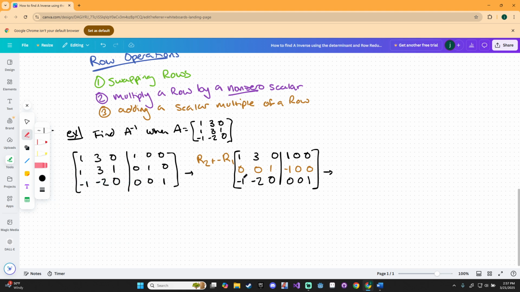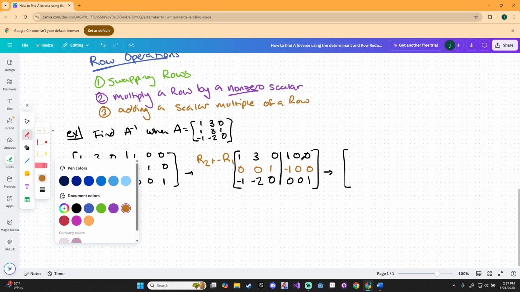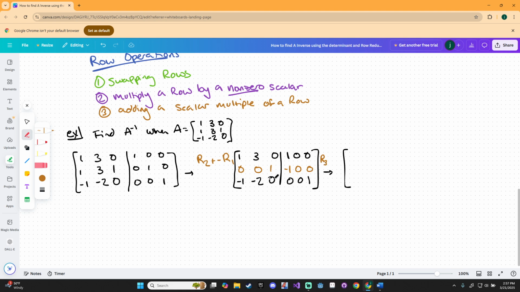Now we want to make this one 0. In order to do that, R3 this time is going to get changed, and we're just going to add R1, because 1 plus negative 1 will be 0. We know R1 and R2 will be the same, so we'll rewrite those.